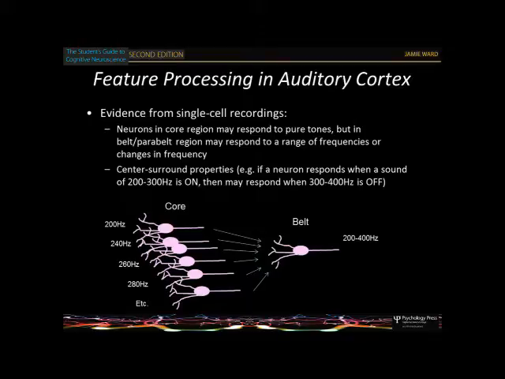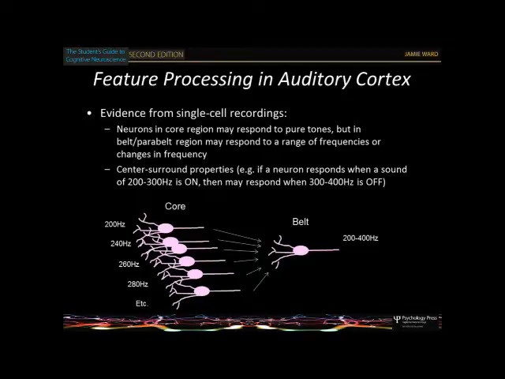So what you find in hearing is this kind of hierarchical structure, that you build complex sounds from simple primitives. So in your earliest region of the auditory cortex, the thing that receives the projections from the ear first, what you find is that neurons respond to certain frequencies, to certain what are called pure tones. So you might have a neuron that responds to 200 hertz, but then it wouldn't respond to 300 hertz or 400 hertz.